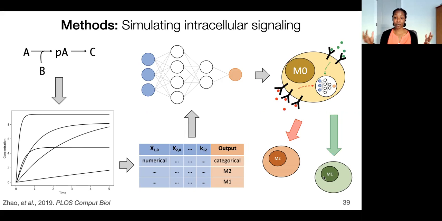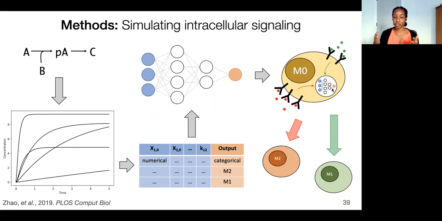So what we're doing is running this ODE model hundreds of thousands of times outside of the agent-based model to come up with this simulated data set, and then encoding that with a neural network that we embed into our individual agents. What this gives us is a vast speed up in the computational time because we're not solving this set of 40 or more differential equations inside of every agent.